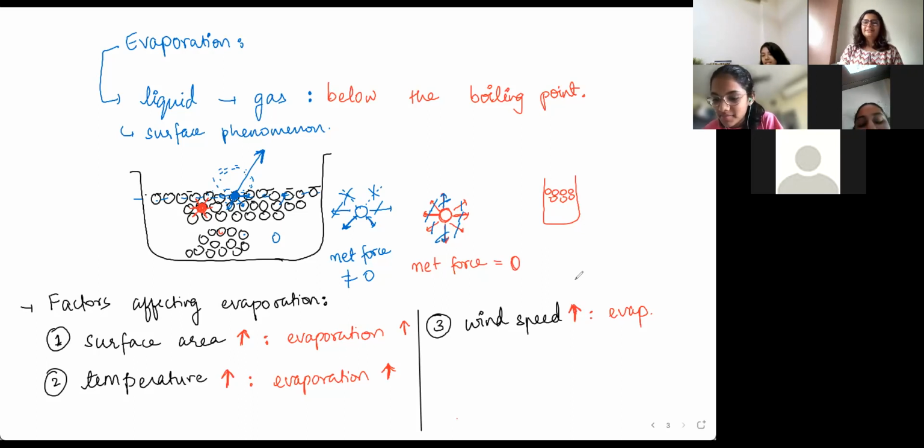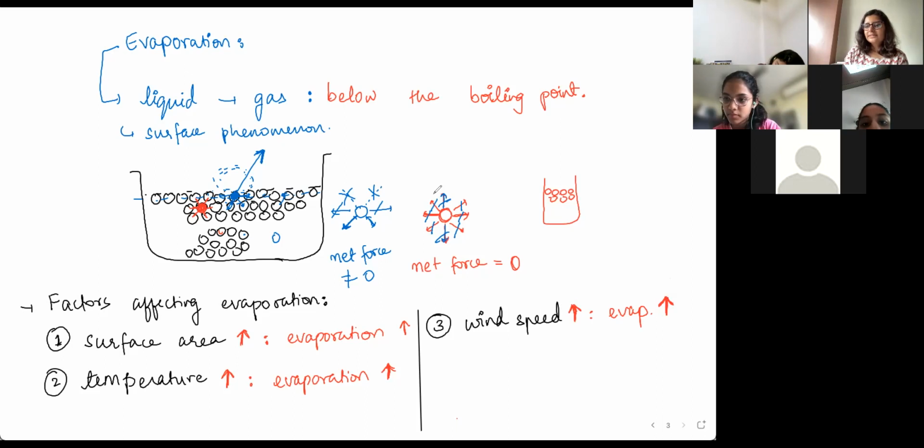Why? What is the hair dryer doing there? Wind. It will dry faster, since wind helps in a faster rate of evaporation. Yes. So when wind speed increases, evaporation also increases.